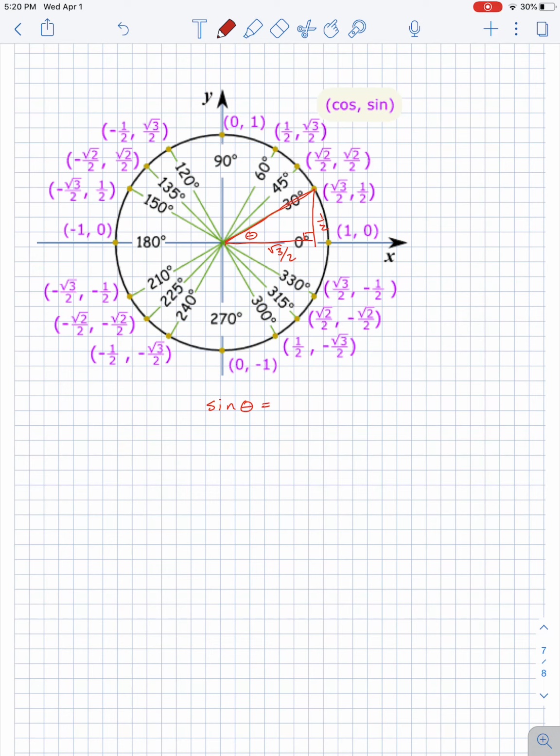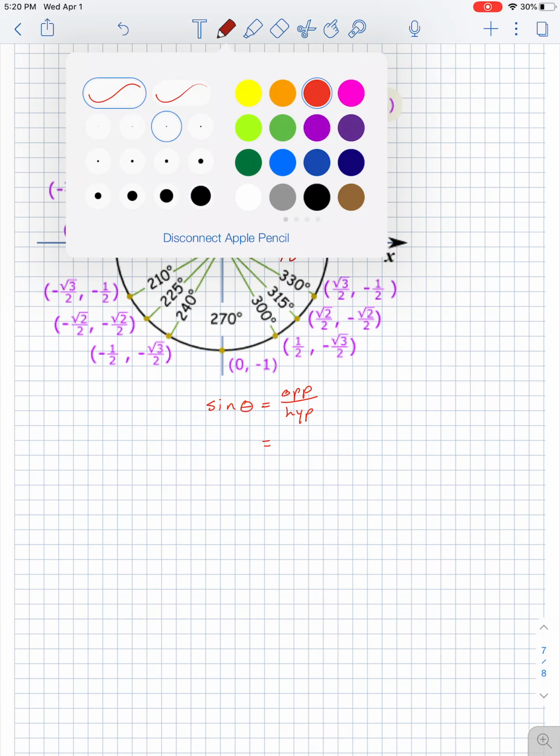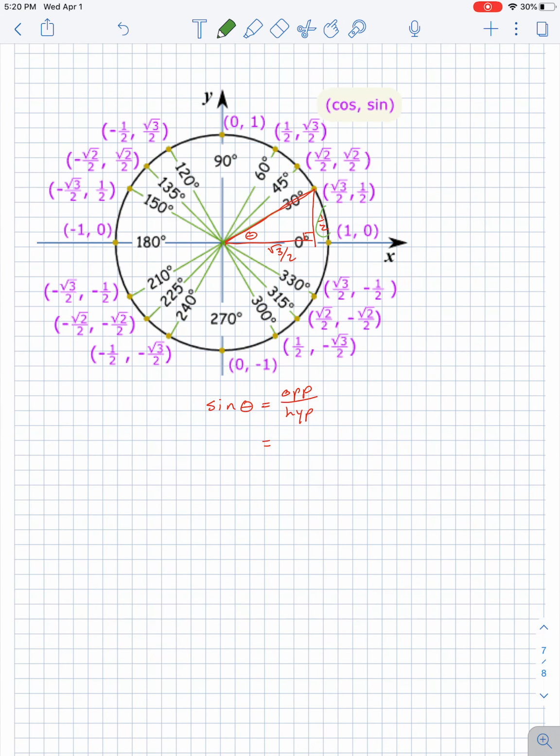Well, you learned in section 1.1 that the sine is the opposite side over the hypotenuse. And so on this triangle, my opposite side is 1/2, and my hypotenuse is 1. So it's 1/2 over 1, which is just 1/2.